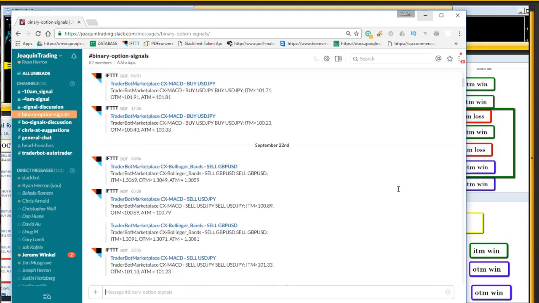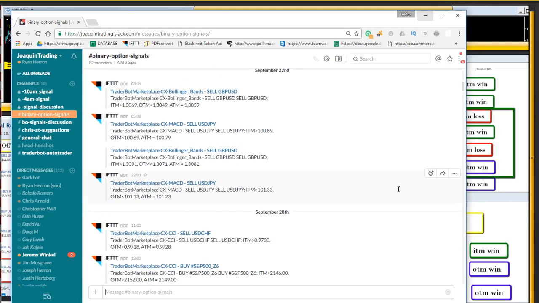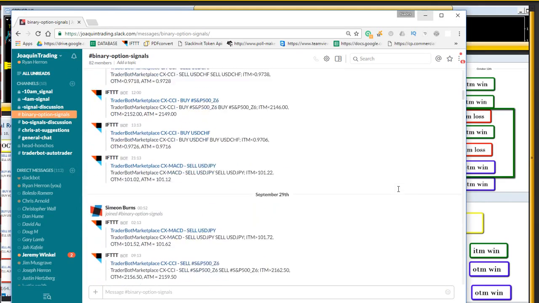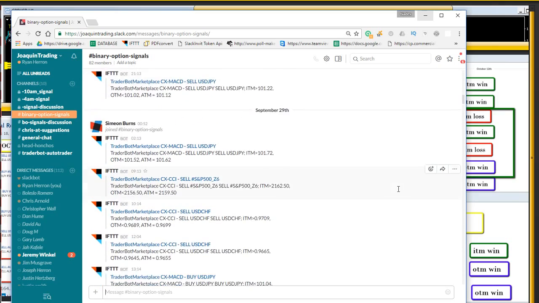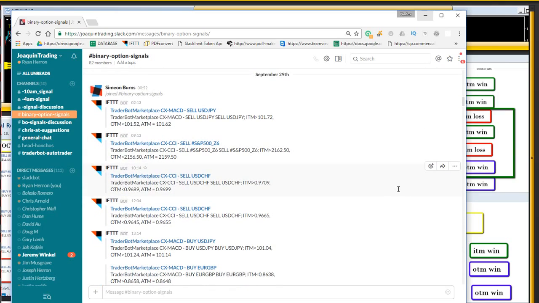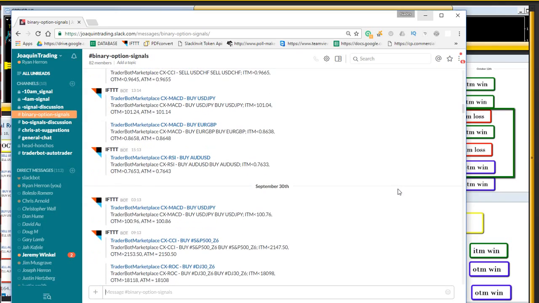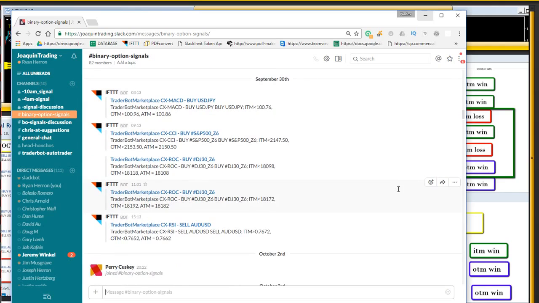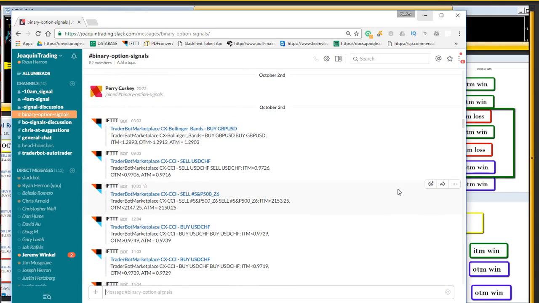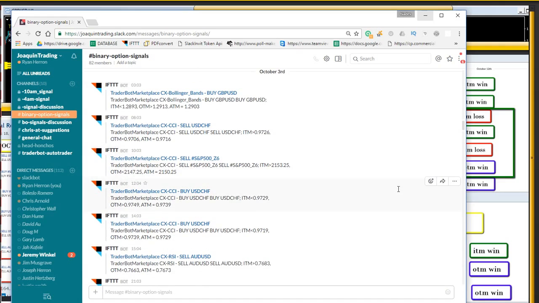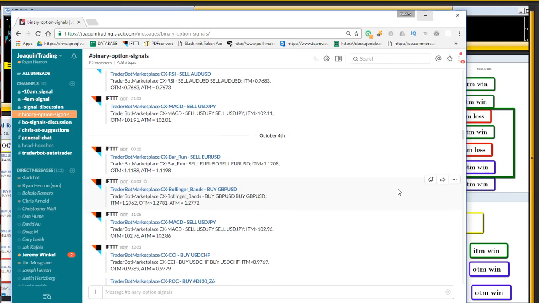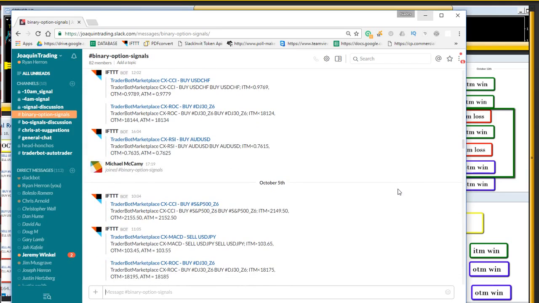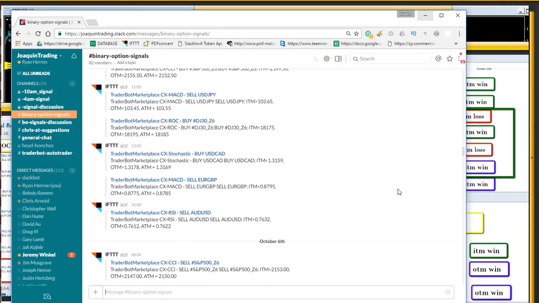Then I'm going to scroll down. You can screenshot this. You can do whatever you want to. I'll give you time to screenshot it. And you can see all the signals that came out.